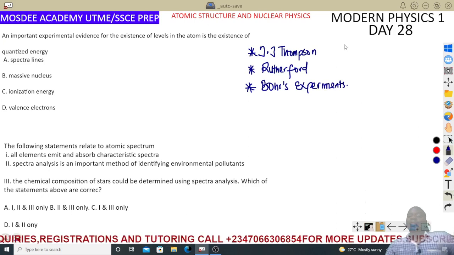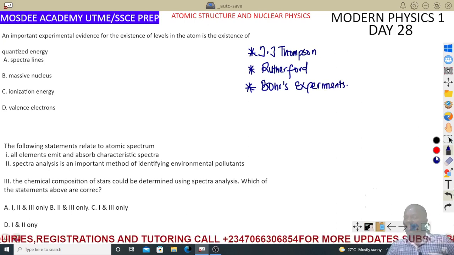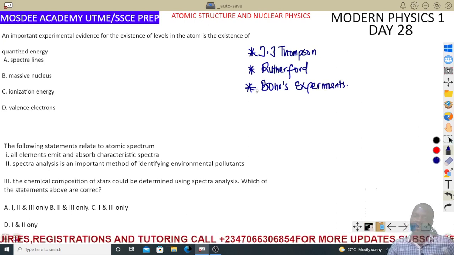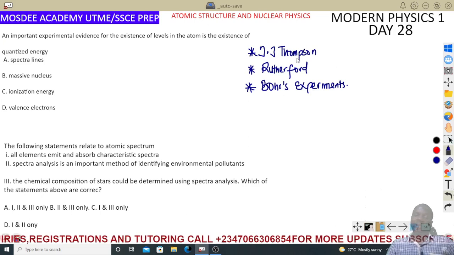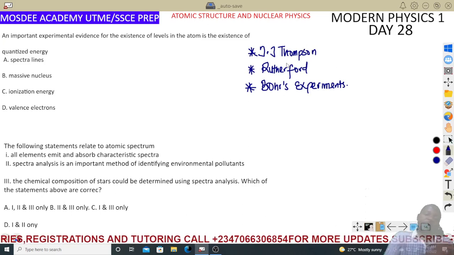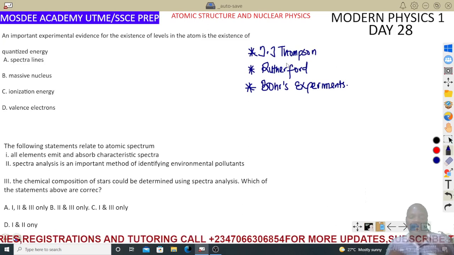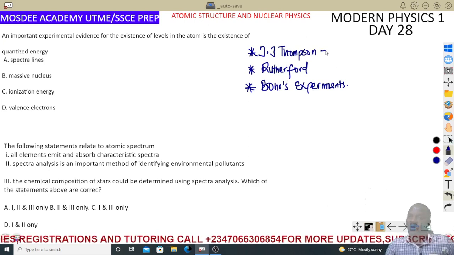To understand this, we just need to talk a little bit on them, because this is the most important one, to be honest. J.J. Thomson tells us about the nature or composition of an atom.